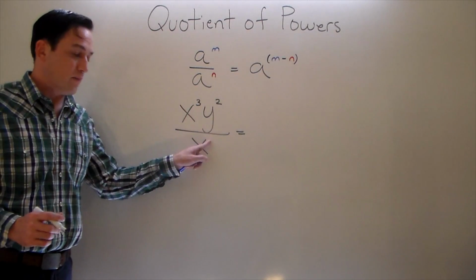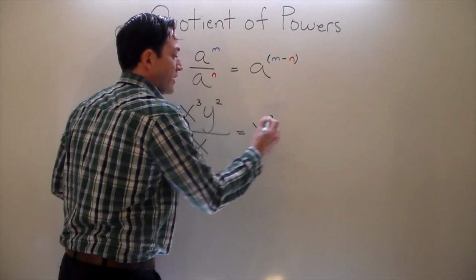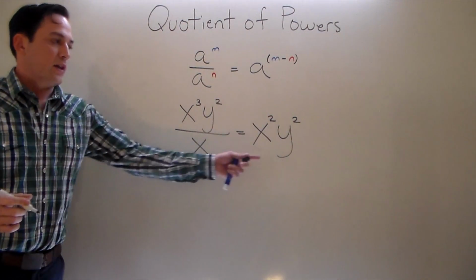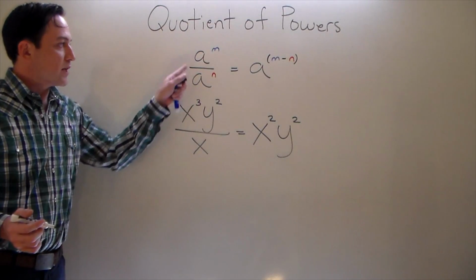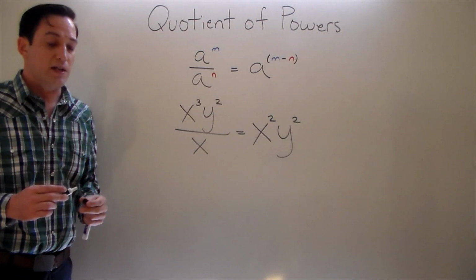So I'd have 3 minus 1, which would just be 2. So I'd have x squared, and it would just have to be multiplied by y squared. The y cannot get divided. That's why the rule has both a's here and a common a here. It means that they have the same bases.